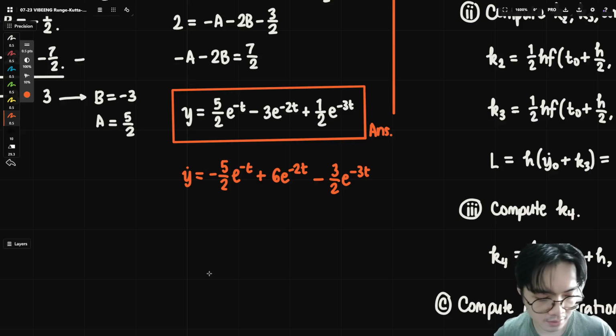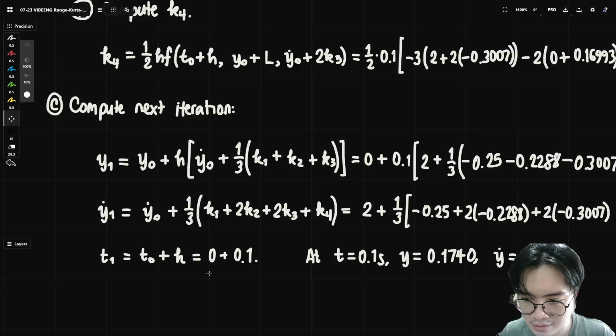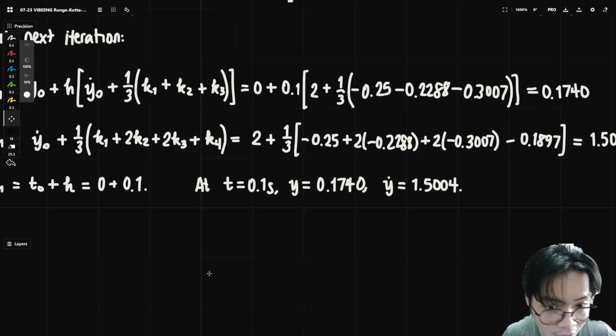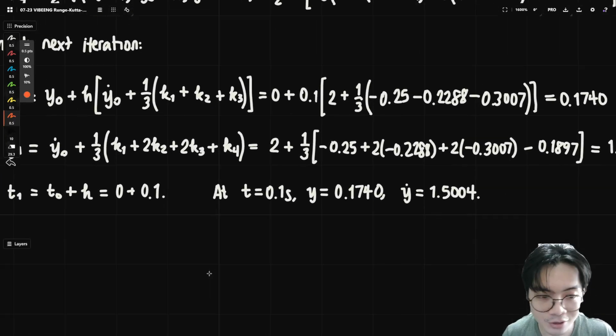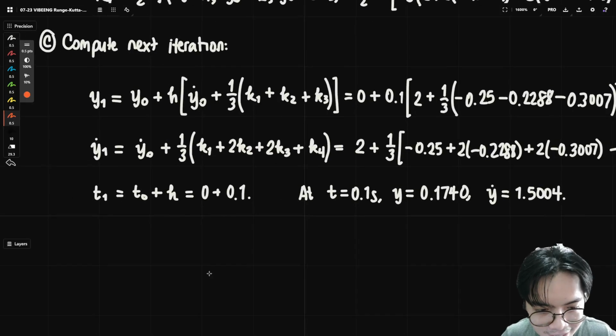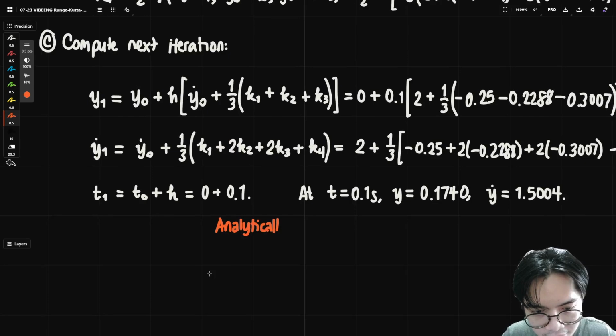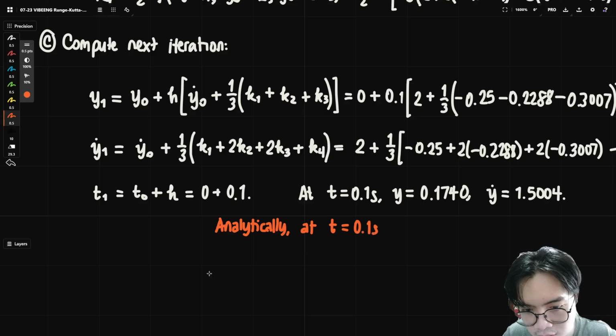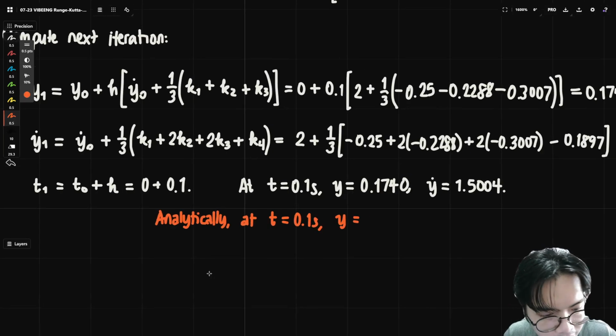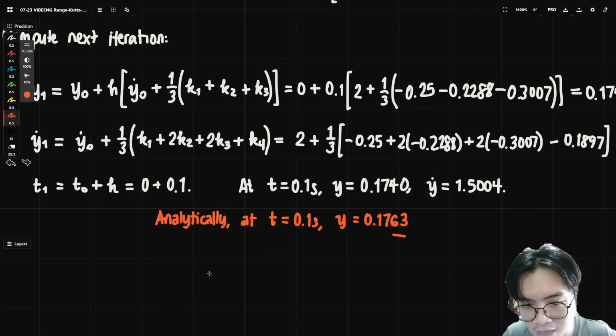We will get, okay, eto na nga, parang iba na nga. Analytically, at t equals 0.1 seconds, our y value will be 0.1763. So medyo malayo-layo na agad.